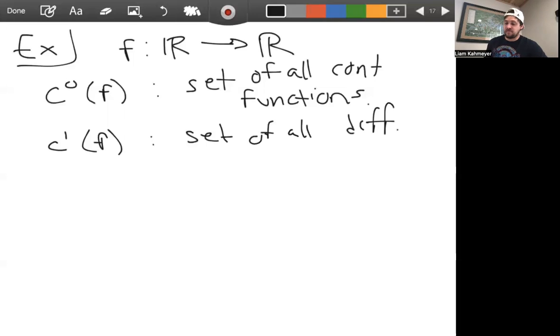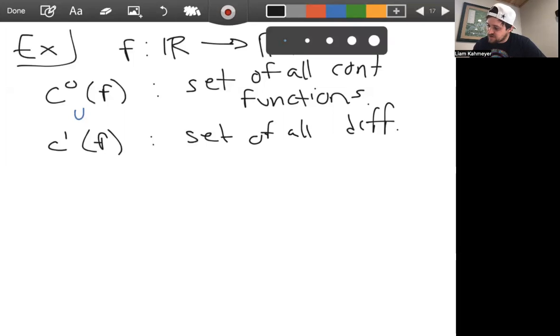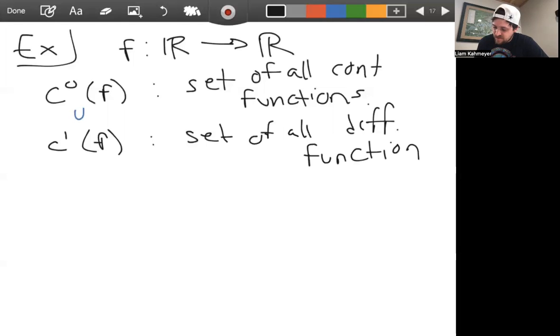And notice that differentiable functions are a subset of continuous functions, right? There exist continuous functions that aren't differentiable. For example, the absolute value of x is a continuous function whose derivative does not exist at the origin, right? And then we could set C2 of F to be the set of all twice differentiable functions.